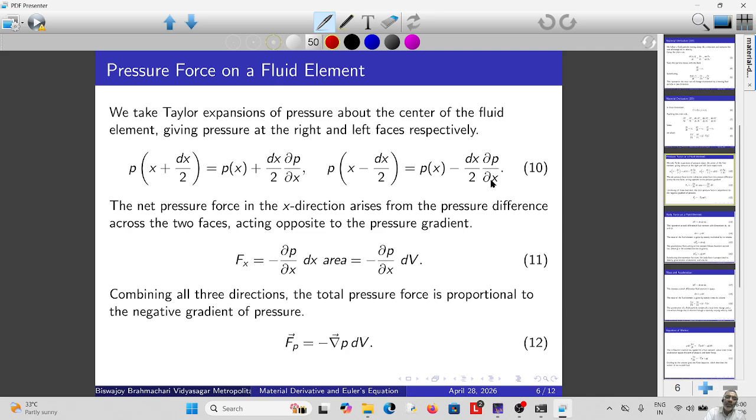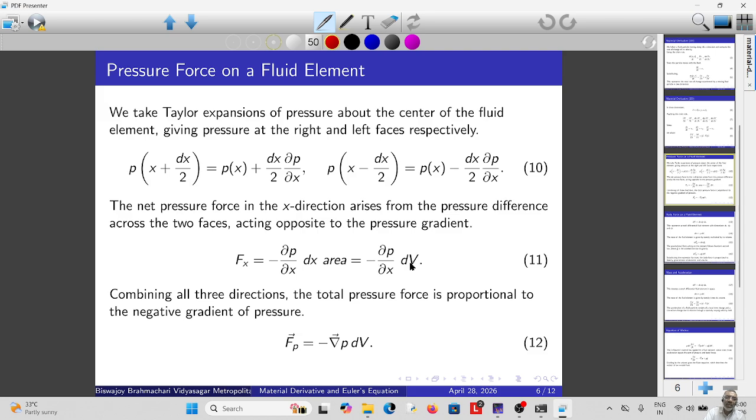And from pressure, we want to get force, so we have to multiply with area. So area is nothing but dy dz here. So that means dx dy dz, all three things come. That means the force becomes minus ∂p/∂x dV. And similarly, we have to take y and z, which will give ∂p/∂y dV and ∂p/∂z dV, all with minus signs.